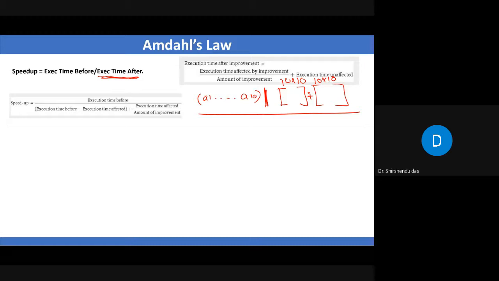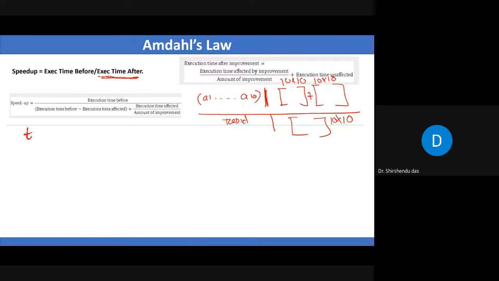You add all this and store the result here. And here you have to add these two matrices and store the result here. Again, this result will be 10 cross 10, right? Now assume that all are integers, so integer addition. Assume that the time taken by each addition is t, for one addition time.